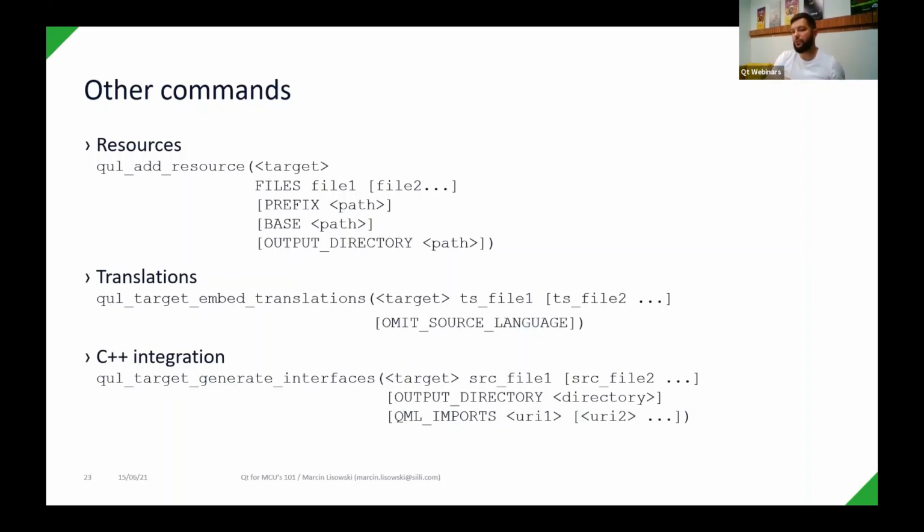And to integrate your app with C++, you have the special macro to generate interfaces based on the C++ headers, and it takes the target, of course, the headers, and then the output directory, as always, to redirect the artifacts from the compilation process, and possibly the QML imports.